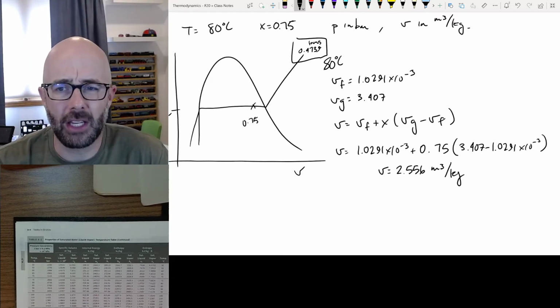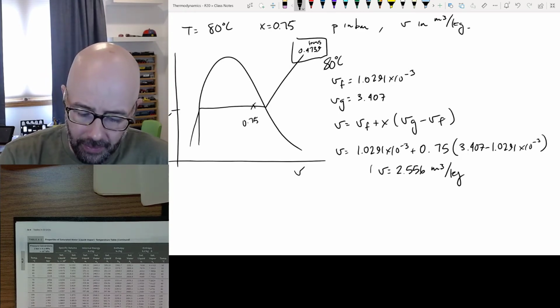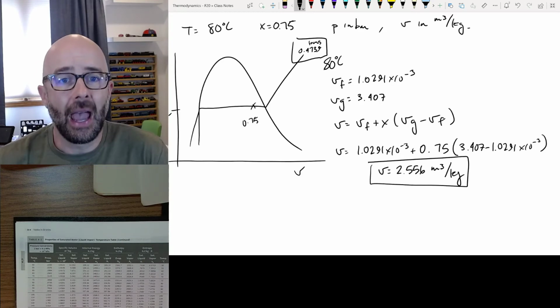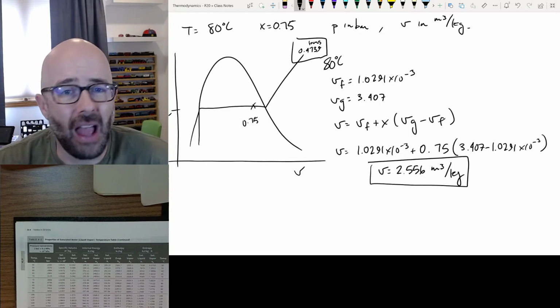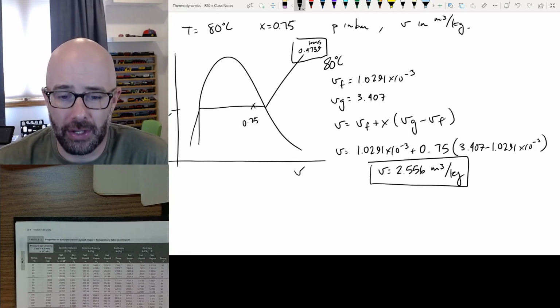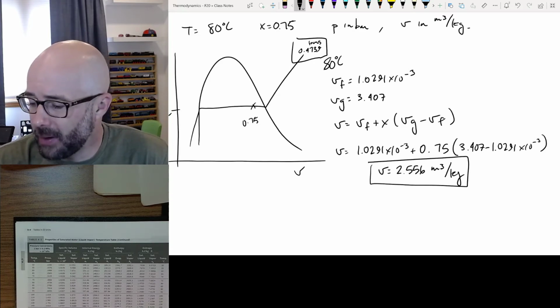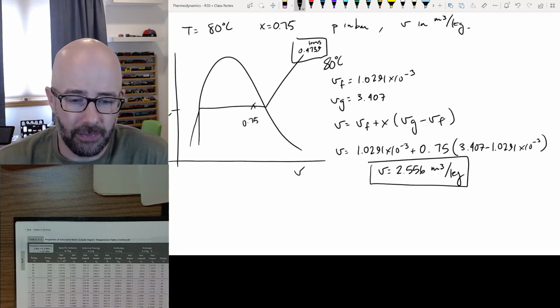Which makes sense, it should be closer to 3.407, and it is. Conversely, I could have given you the specific volume of 2.556, and then you find out what the quality is. That's another way I could ask this question. So that's another type of problem that we will deal with.